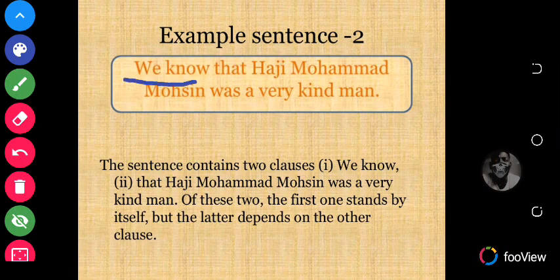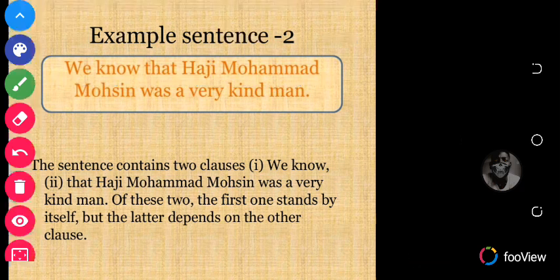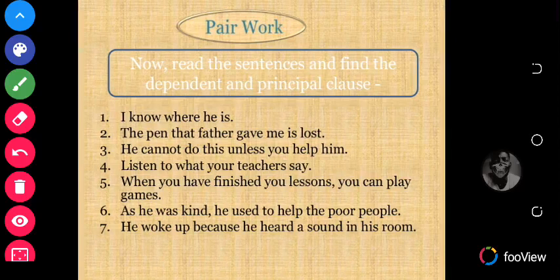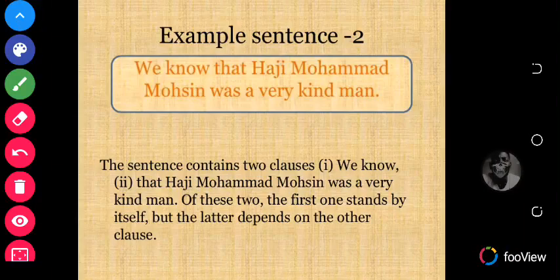We know can stand on its own as a clause, but that Hajj Muhammad Mohsin was a very kind man cannot stand on its own because it doesn't make sense on its own. Therefore, one of the clauses becomes the principal clause and the other becomes the subordinate clause.